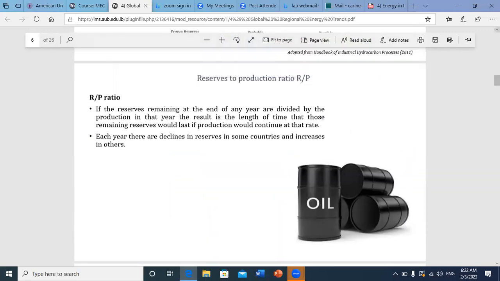Now, a very important ratio that we calculate whenever we study reserves is the reserves to production ratio.